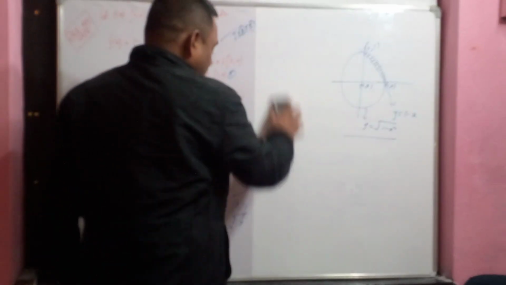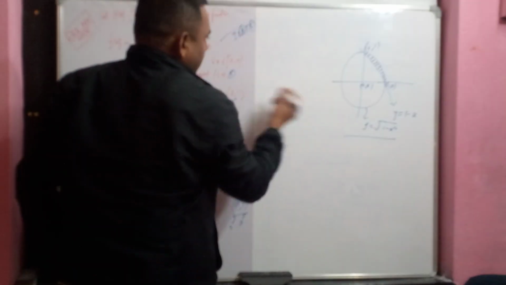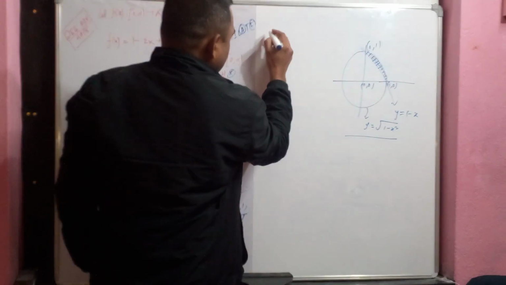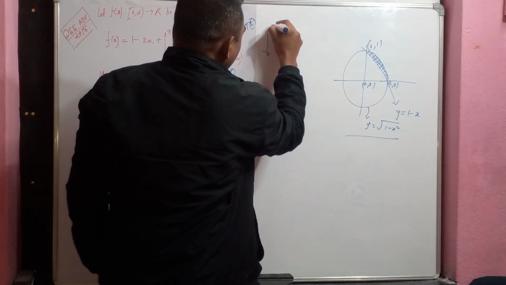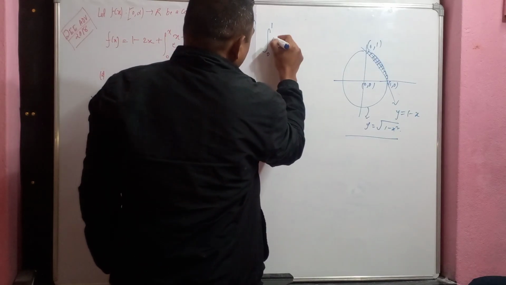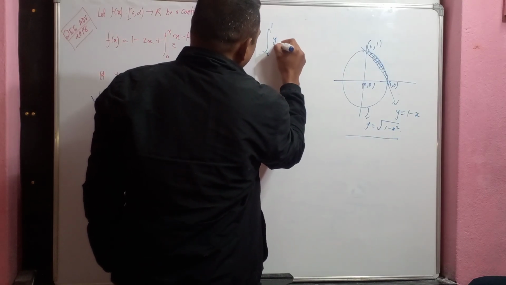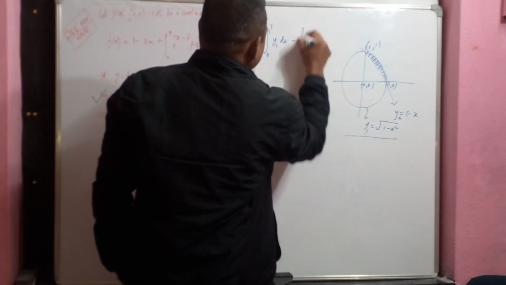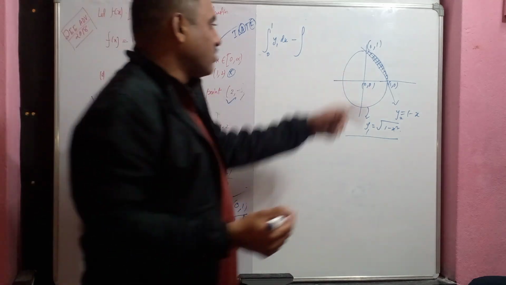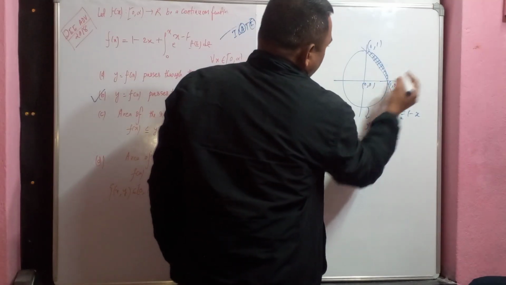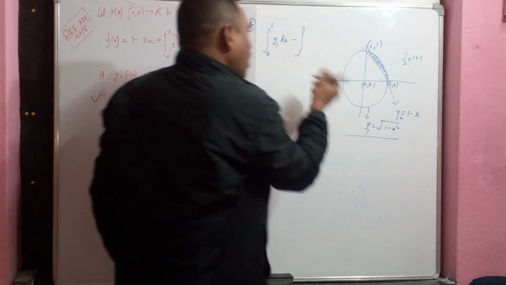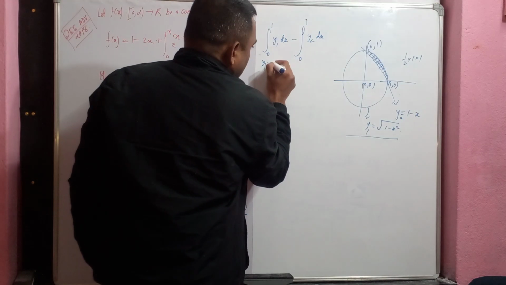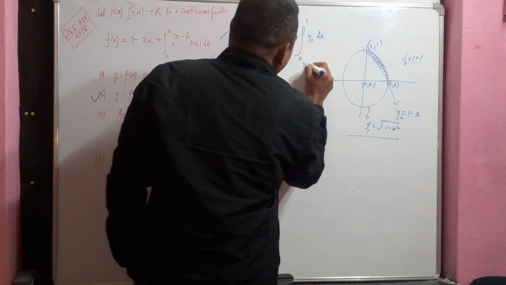Now we have to calculate the bounded area. So that means we will use the definite integral property. Here, the area bounded by this is integration 0 to 1, circle area, y1 dx, y1 will come from this, y2 will come from this, and minus. Either you can calculate this area as half into 1 into 1, or you can do it this way also, 0 to 1 y2 dx, where y1 will come from this and y2 will come from this.